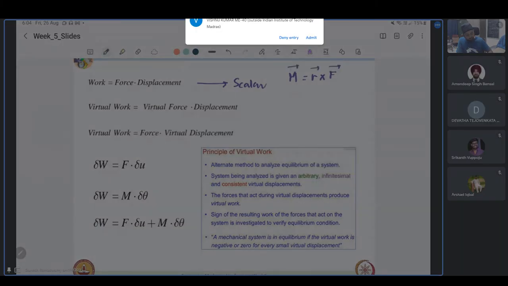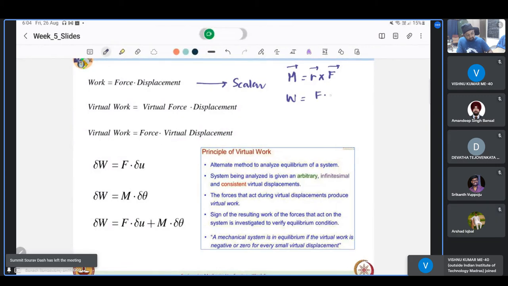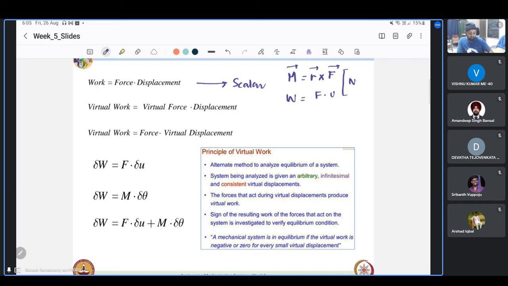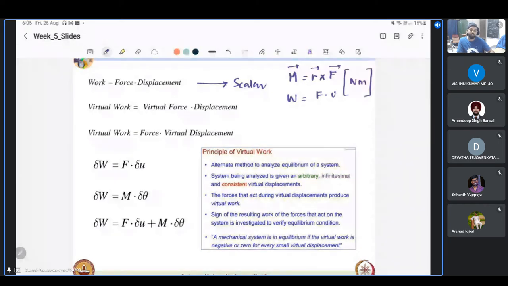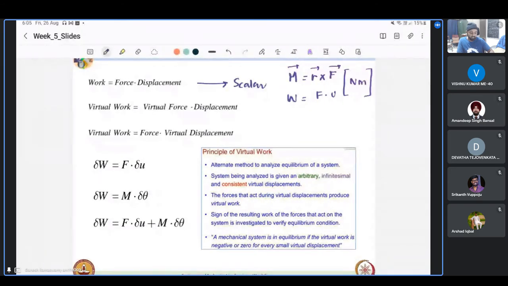And work is given by force dot some corresponding displacement, U. If you see, the units for both these are Newton meter in the SI units. So this should not be confusing to anyone, that work is a vector or a scalar. Work is indeed coming from the dot product, which gives you a scalar. So one needs to keep this in mind, that work is a scalar.